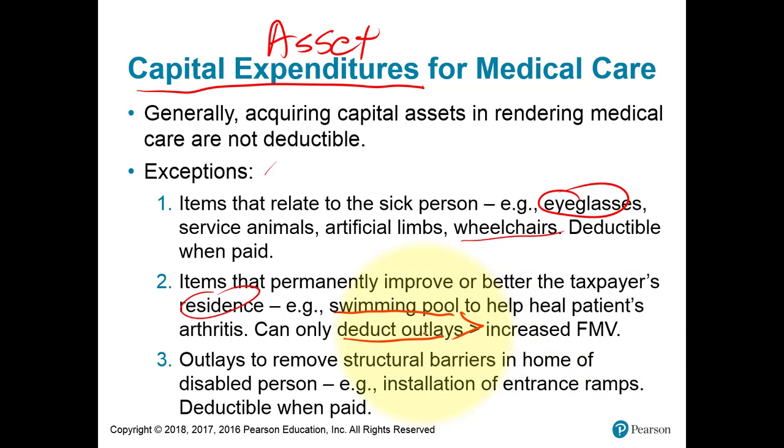Again, it's the excess cost over the value being increased that you get to deduct as a medical cost. Stuff to remove barriers like ramps, widening doors, door thresholds, lowering counters for the taxpayer patient. Again, prescribed by the doctor, can be deducted as a medical expense.